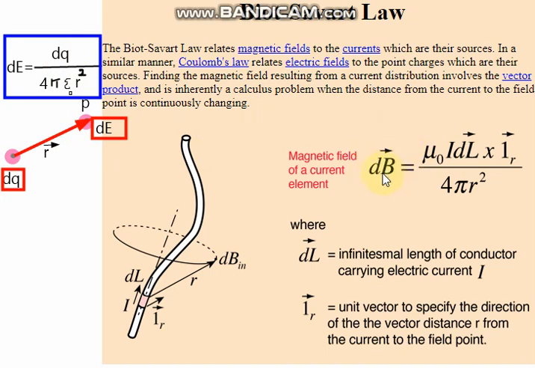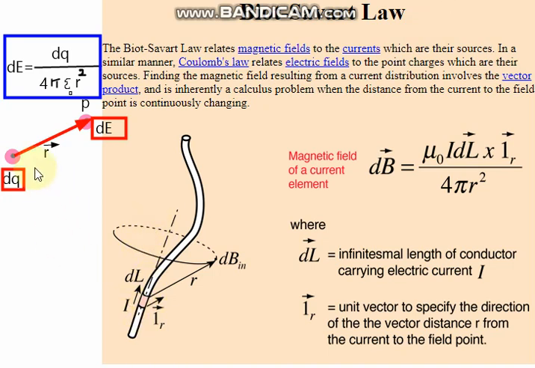According to Biot-Savart law, the magnetic field, which is contributed by a small current element at any point P, distant r from that source current element, is given by mu naught over 4 pi times I dl multiplied by the unit vector r hat in the direction of r, divided by the square of the distance between this current element and our observation point P.